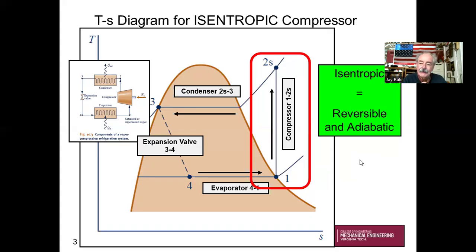In other words, isentropic. In this screenshot right out of your textbook, we're coming out of the evaporator as saturated vapor at state 1, into the compressor, and leaving at the same entropy. The textbook calls it 2S, and I call it 2I for isentropic.